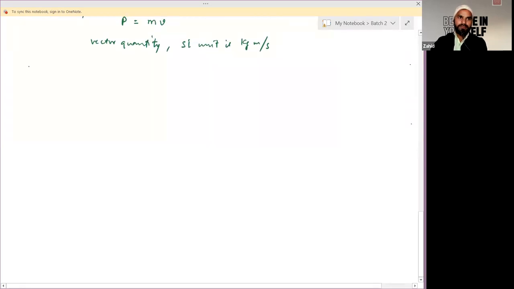Now I'm giving you some problems related to this to find change in linear momentum. Suppose there is a wall and this is any horizontal line.